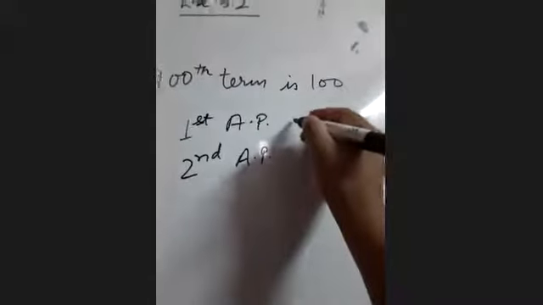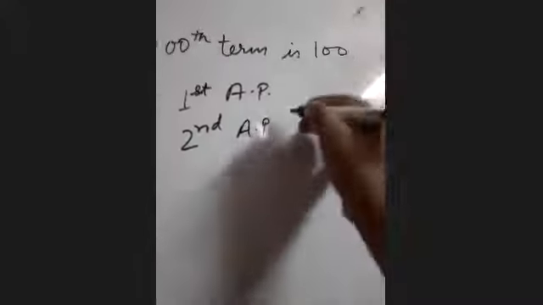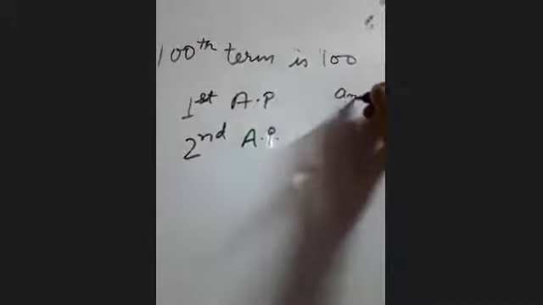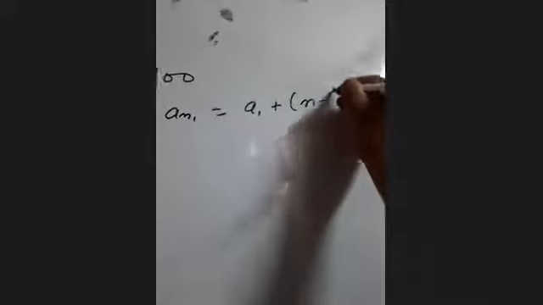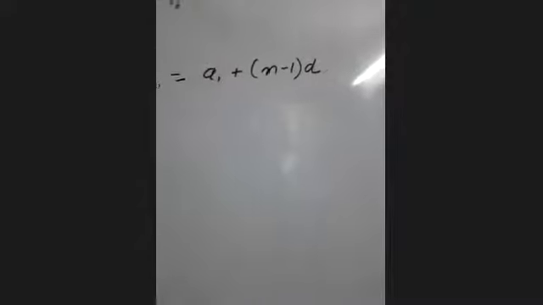For the first AP, we don't have any numbers, but we can write it like an1 equals a1 plus (n1 minus 1) into d1.